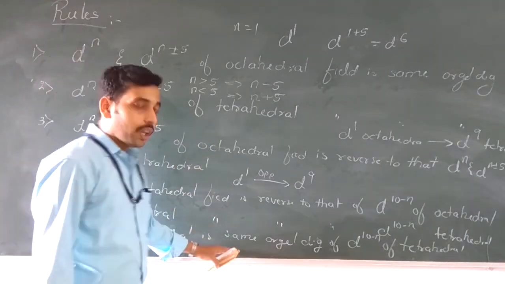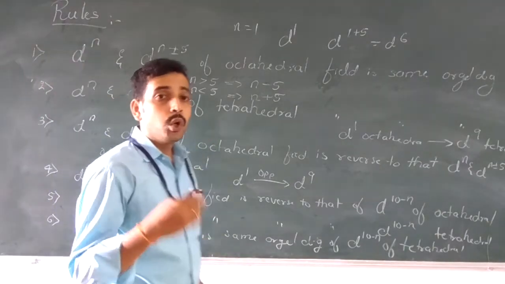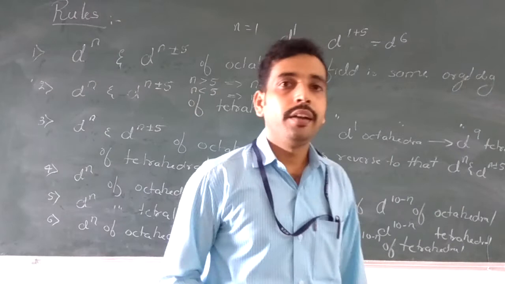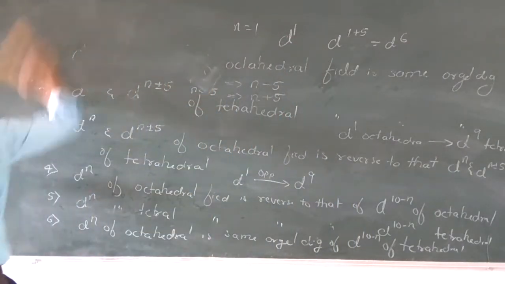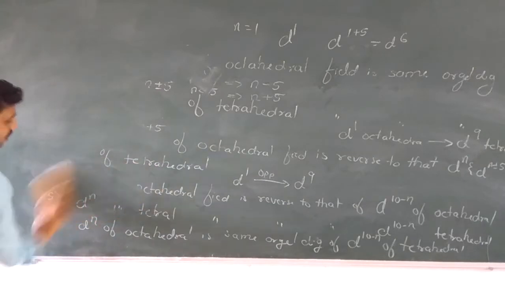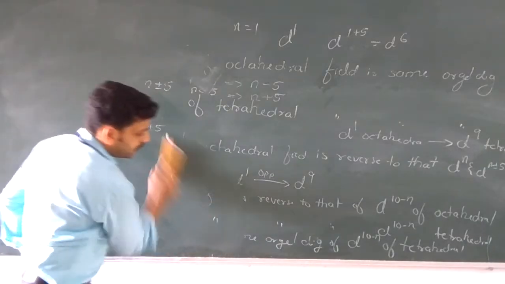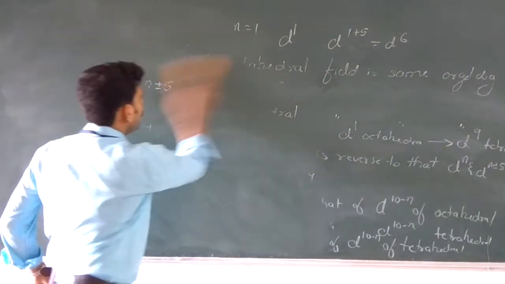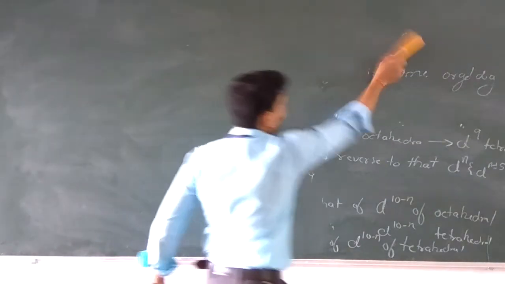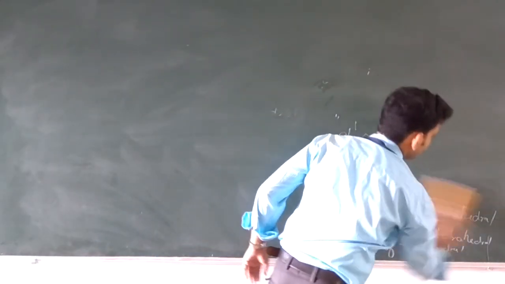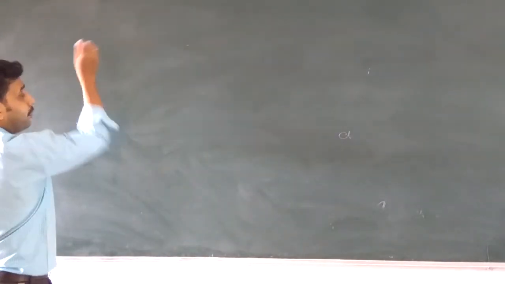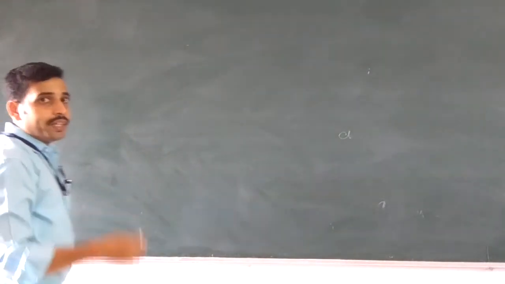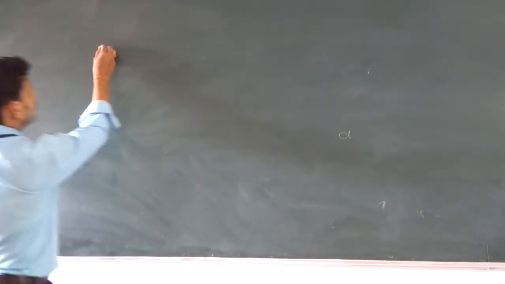So this formula helps to draw or construct the Orgel diagram. So we can start the construction, or explain the Orgel diagram of the D1 to D9 systems. At the beginning, I did the 1 to 9 systems using this formula.